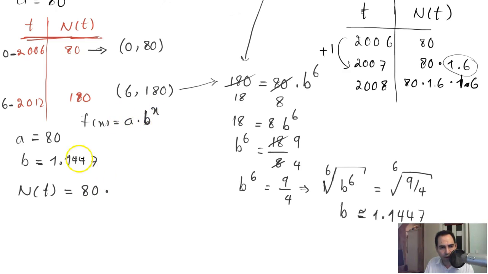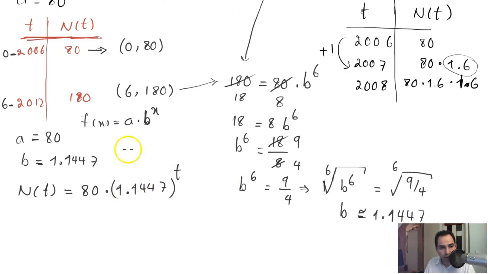So a is basically 80, b is 1.1447 raised to the power t. Now there is no way to know. It seems that it's right.